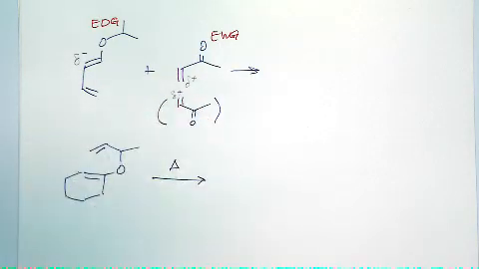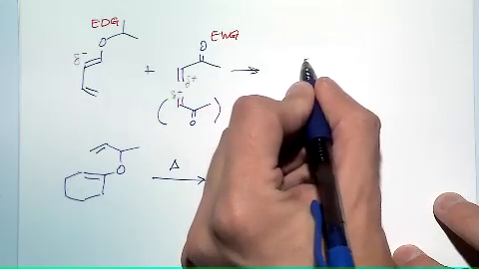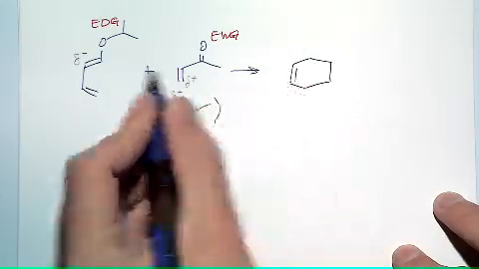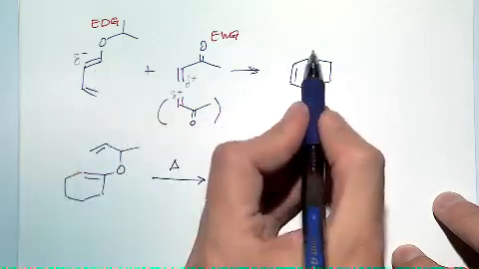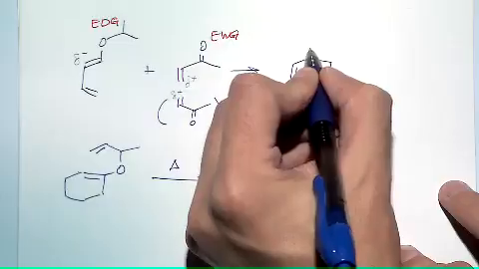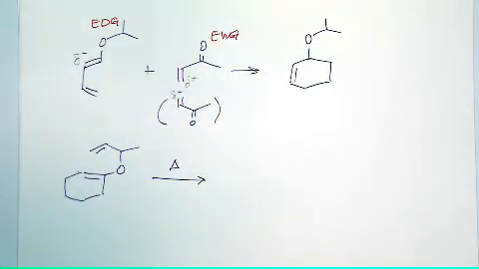And that way our delta plus is on the top, and here the delta minus is on the top. And so that tells us the orientation that they're going to react in. So this carbon is that carbon at the very top of the molecule, and so that's going to have the oxygen atom on it.